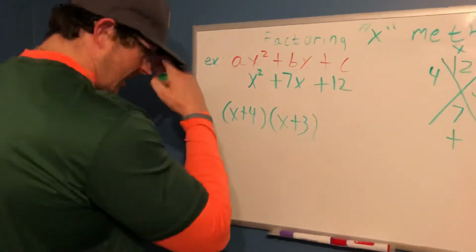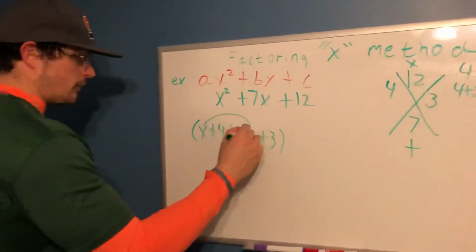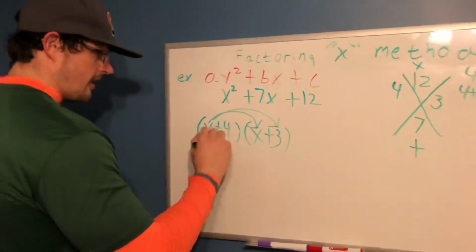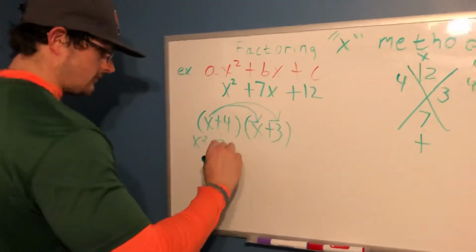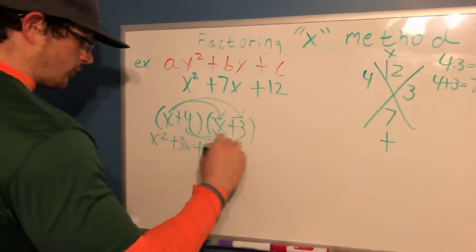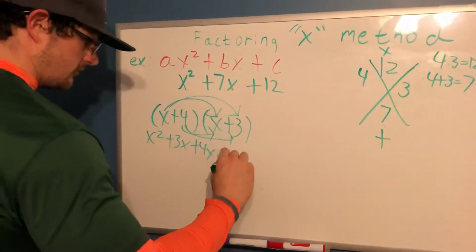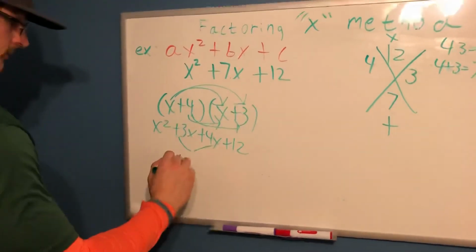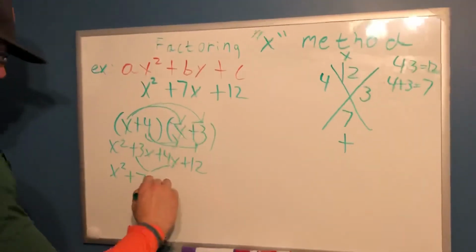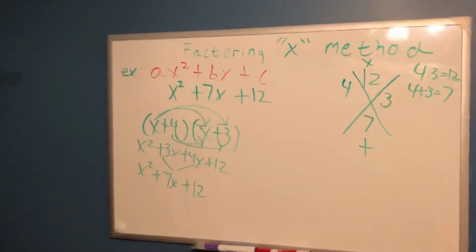Now, just to tie this all together, when we distribute and do our hills, x times x is x squared. x times 3 is 3x. 4 times x is 4x. 4 times 3 is 12. When you combine your like terms, look what we got. That was the goal.